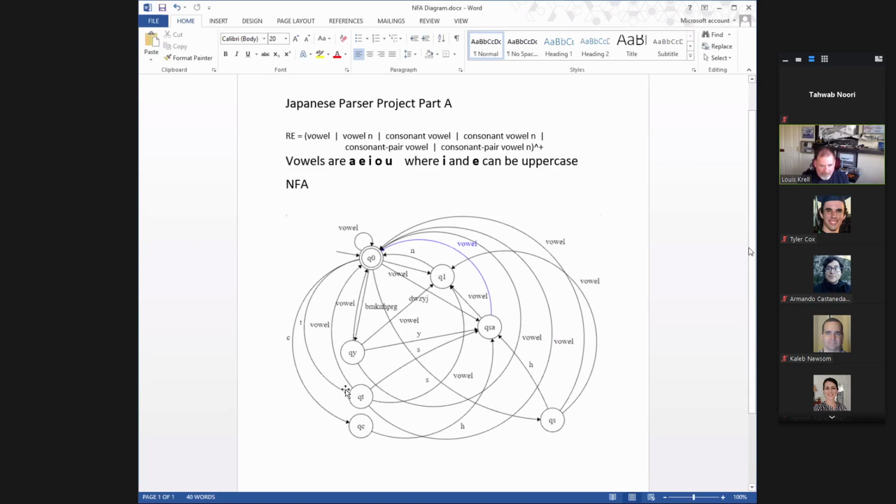You see from QT, we can go right back to Q0 on a vowel. So that's a case where you have a consonant followed by a vowel. Or the T could be a consonant pair, so it's TS, which could be followed by a vowel and get us to the final state. Or the T and the S can be followed by a vowel, then followed by an N.